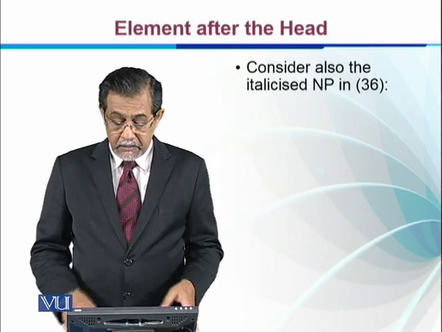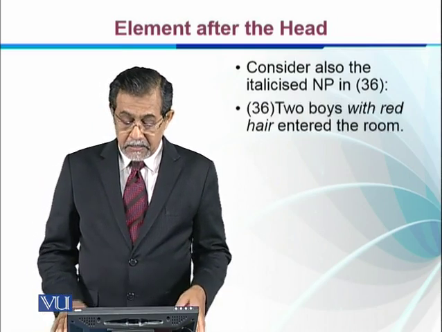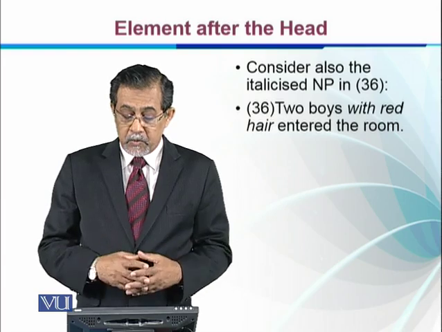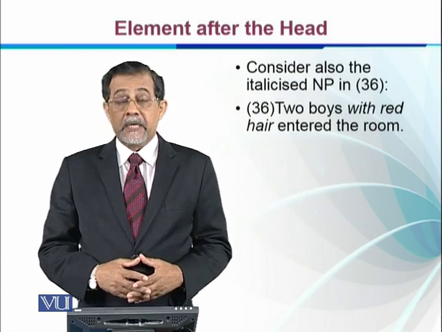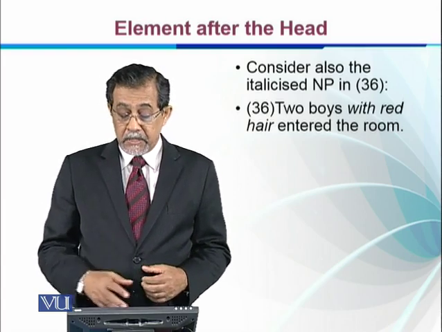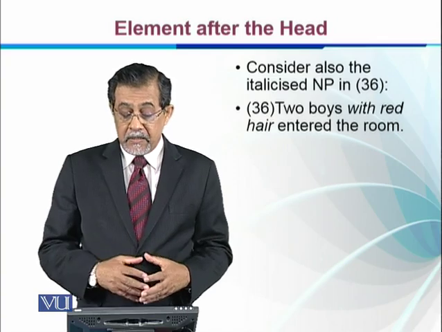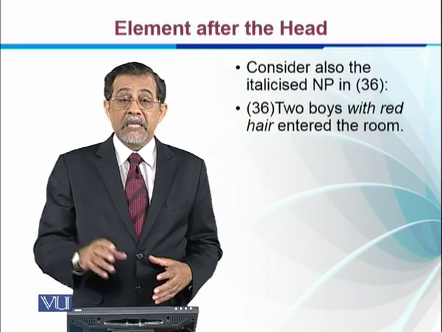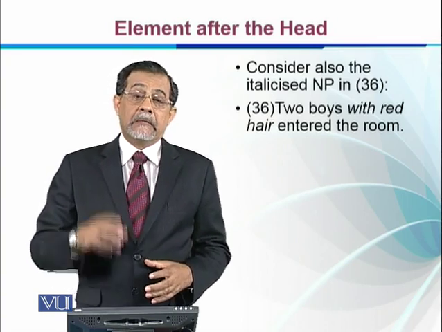So this is a prepositional phrase. It means that besides clauses, a prepositional phrase can also follow a head noun in a noun phrase. So the string with red hair is a prepositional phrase which post-modifies the head of the noun phrase.